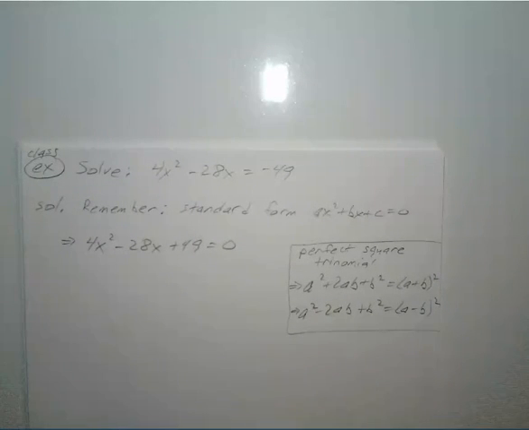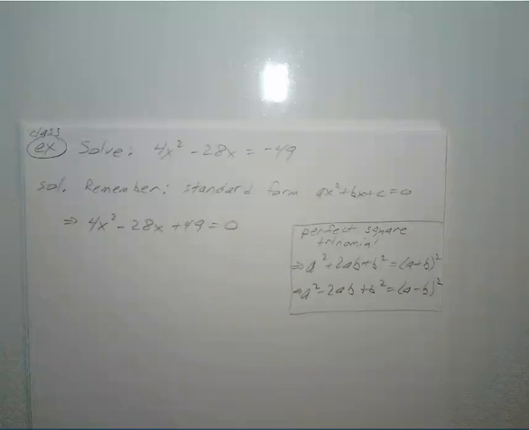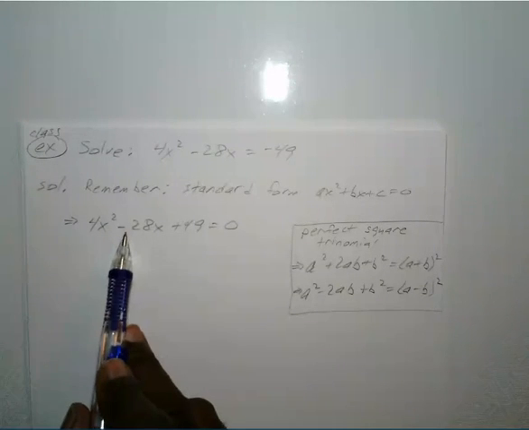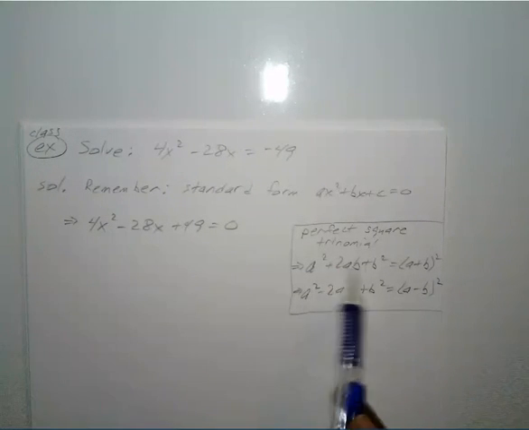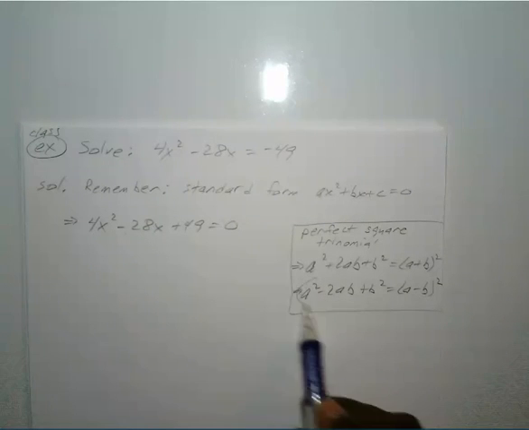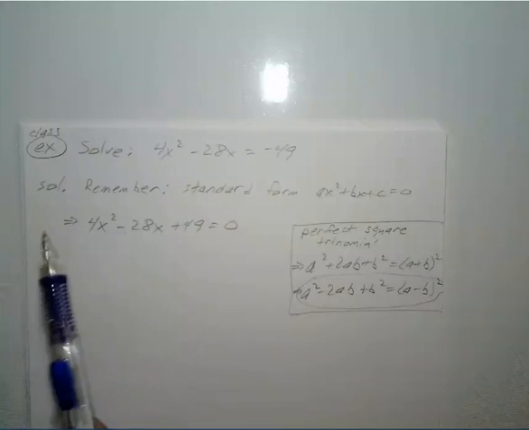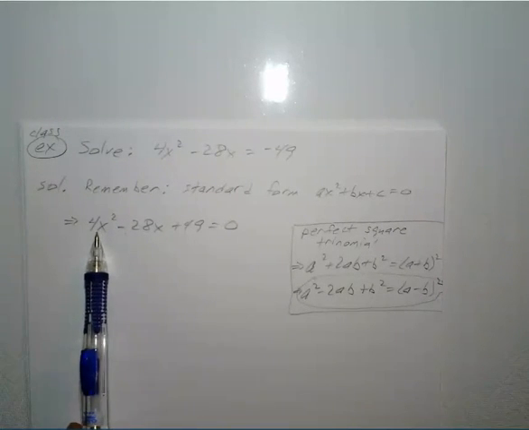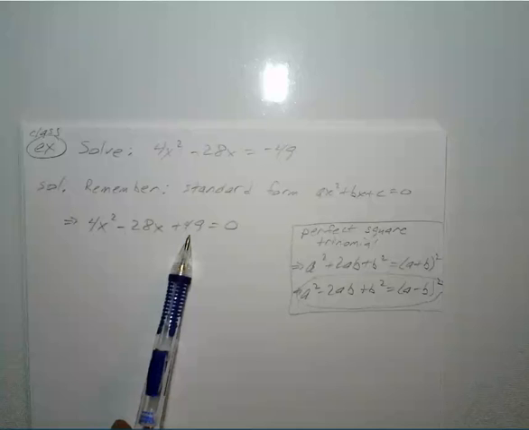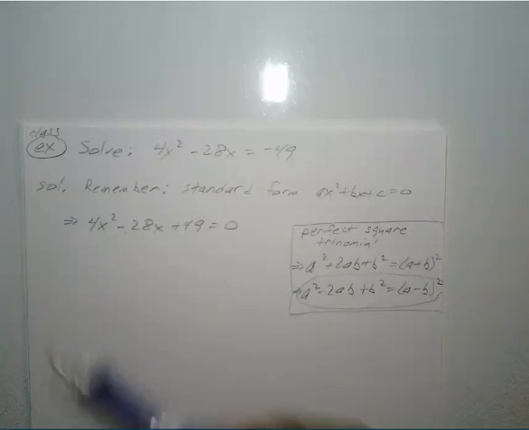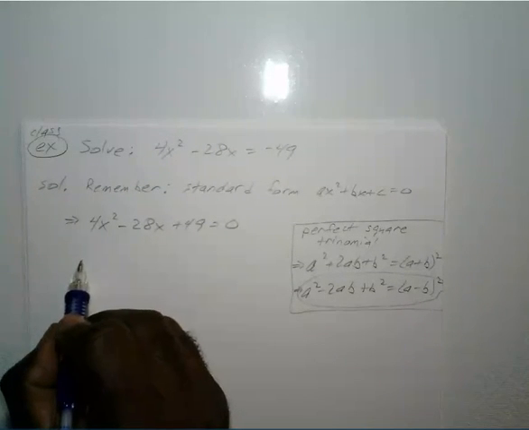Now, because we have a minus here instead of two pluses, we're going to be using this formula. Okay. The first thing we have to do is notice that our first term and our last term are both perfect squares.